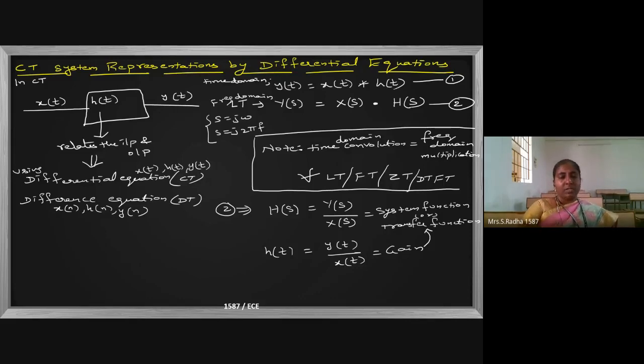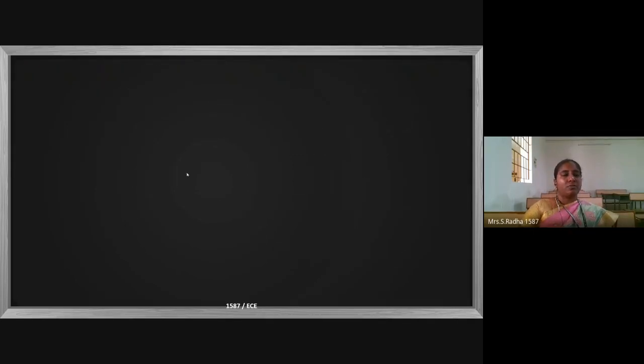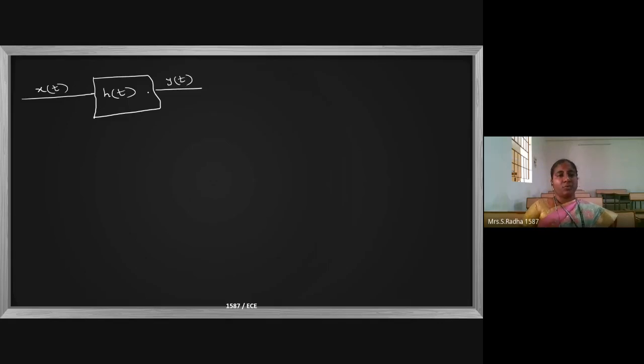So now I will go with the further discussion about the system. If I have a system, h of t is the system behavior, x of t is the input, and y of t is the output. If no input is present, but there are some initial conditions for the system, so before switching on, internally some operation is going on.